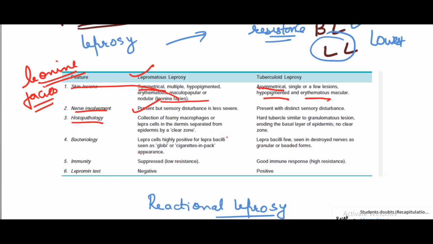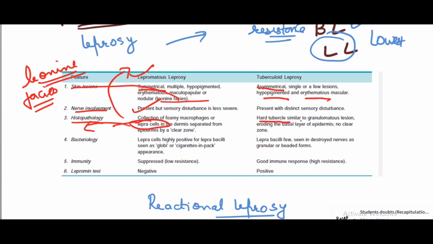On histopathology, in lepromatous leprosy, you will see a collection of foamy macrophages, or lepra cells. So lepra cells are seen in lepromatous leprosy. These cells are separated from the epidermis by a clear zone.